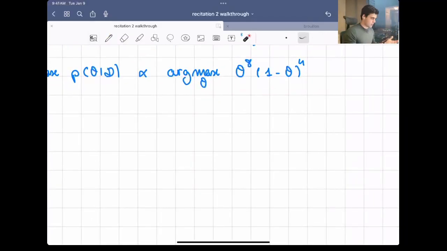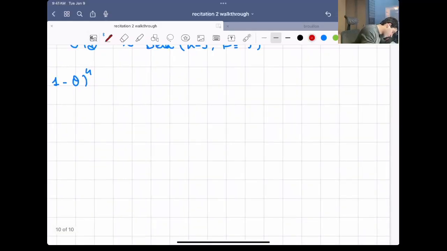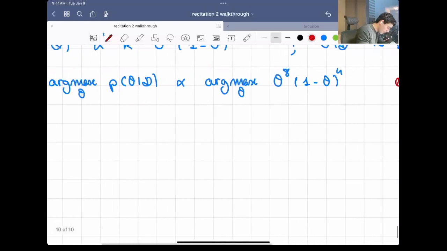And if we want to maximize this, we're going to do the same steps. Take the log for computational convenience, differentiate, set to 0, solve. So maybe we make a roadmap here: take the log, then differentiate, then set to 0, then solve. It's our little roadmap.